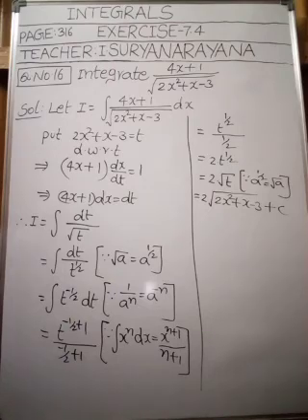Capital letter I is equal to I1 plus I2, where I1 is the integral of x by root of x square minus 1 and I2 is the integral of 2 by root of x square minus 1. Find the values of I1 and I2 separately. After that, substitute those values.